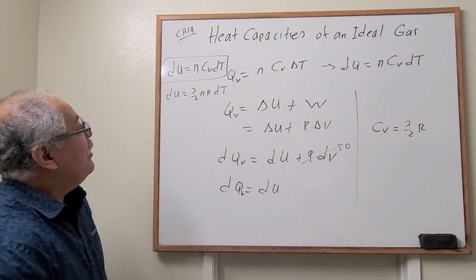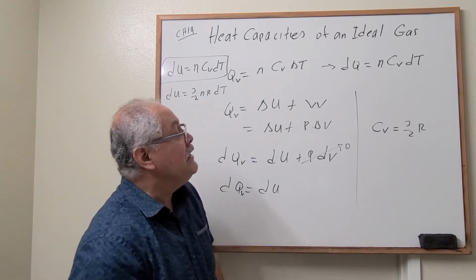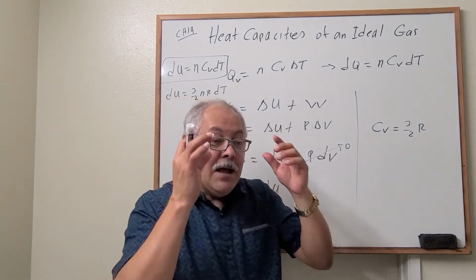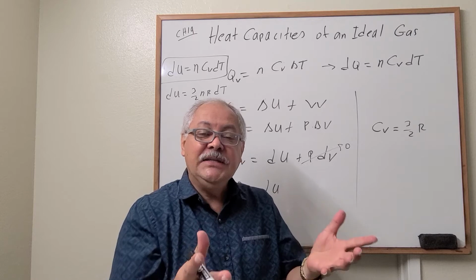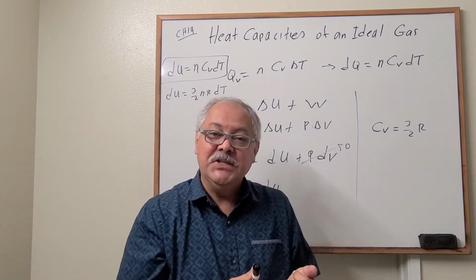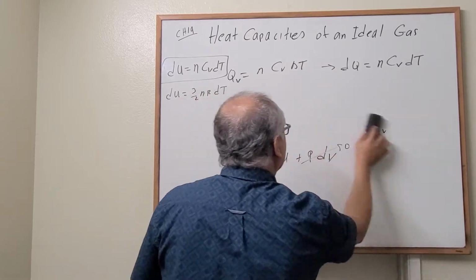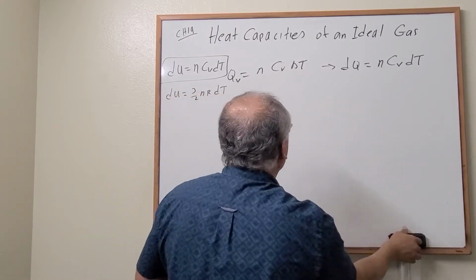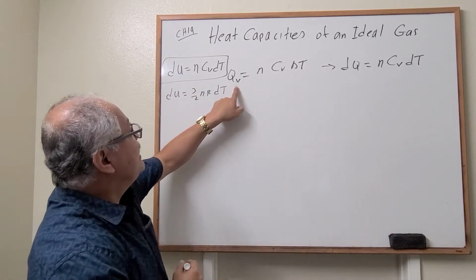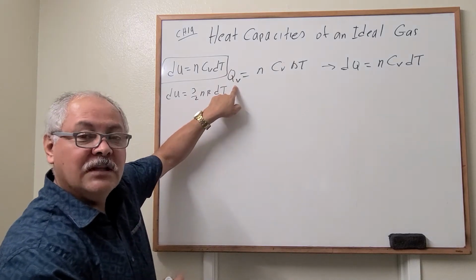Perfect. Now let's involve the case when we have heat added to a system where the volume is changing. Okay, perfect. Let's do it. So let's represent the same equation as for a constant volume.